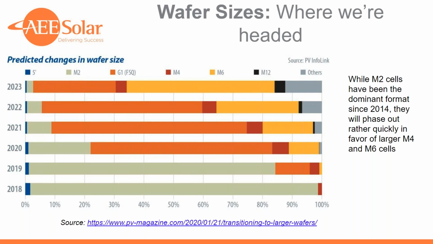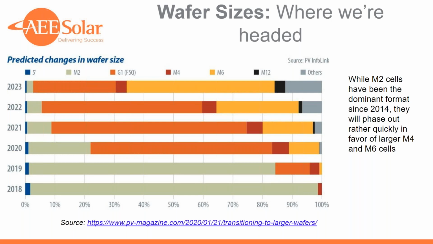The predominant wafer size here is M2, which remember is 156.75, and then a small percentage of those larger M4 wafers, which are 161 millimeters. So fast forward 8 years to 2020, where are we? We're seeing somewhere still around 20% of the market in that M2 format.